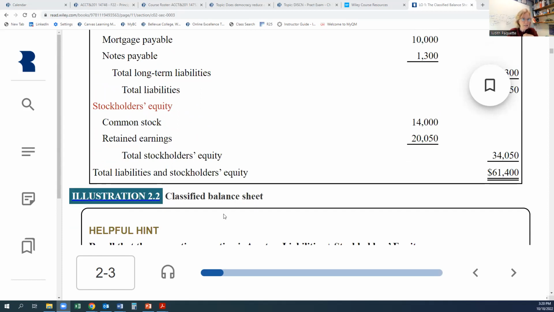When we get to the income statement, there's no order, rhyme, or reason to the expense section. So don't worry about it. Just take it in the order I give it to you. For revenue, I would put the biggest one first. So if service revenue is first, or revenue is biggest, put that one first. Okay.